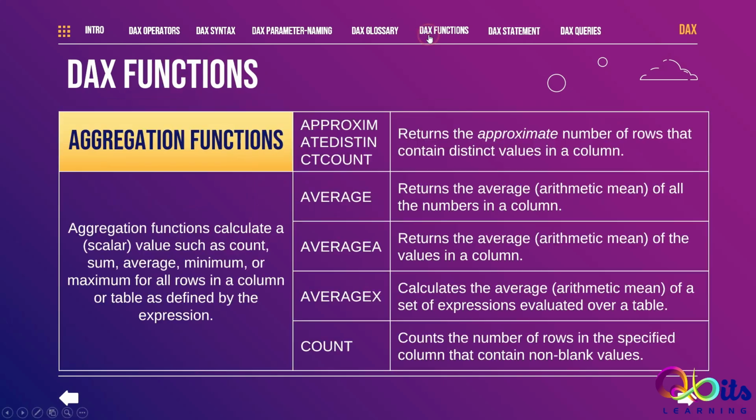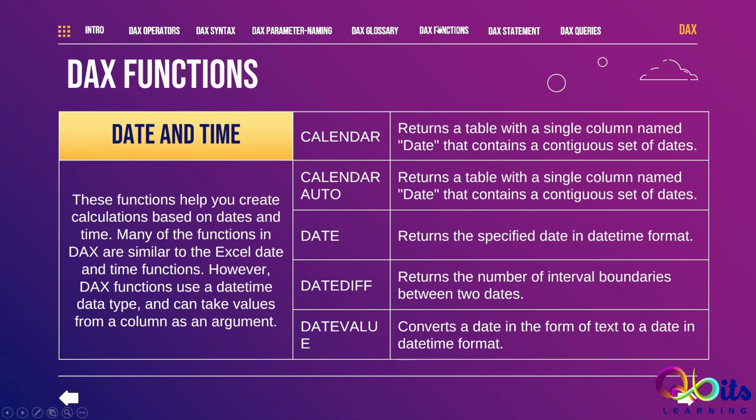We have multiple DAX functions. First, we have aggregation functions like average, count, maximum, minimum, sum, and the next is date and time function where we can use it to perform the calculations based on dates and time. Next we have the filter function.